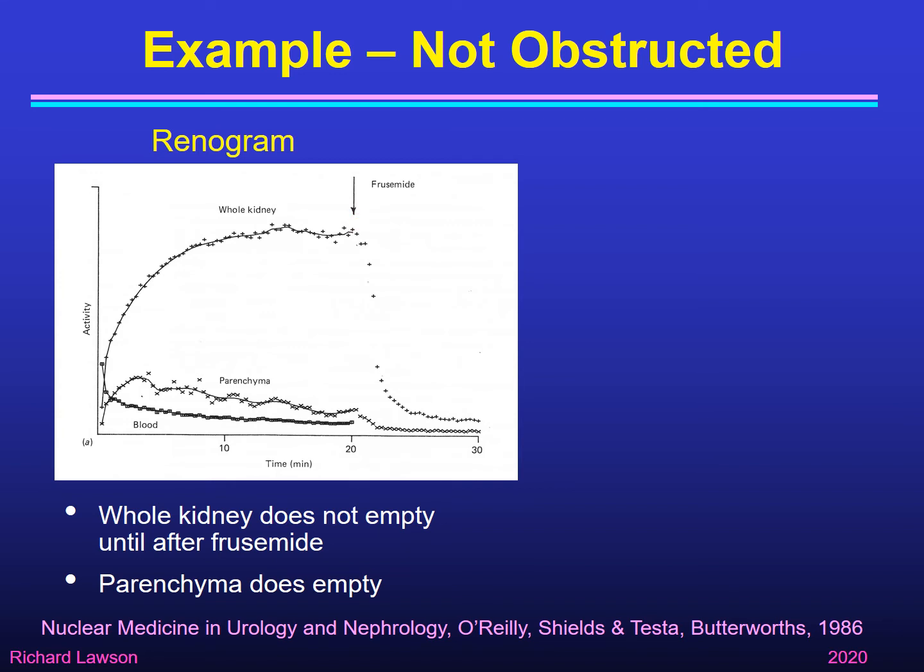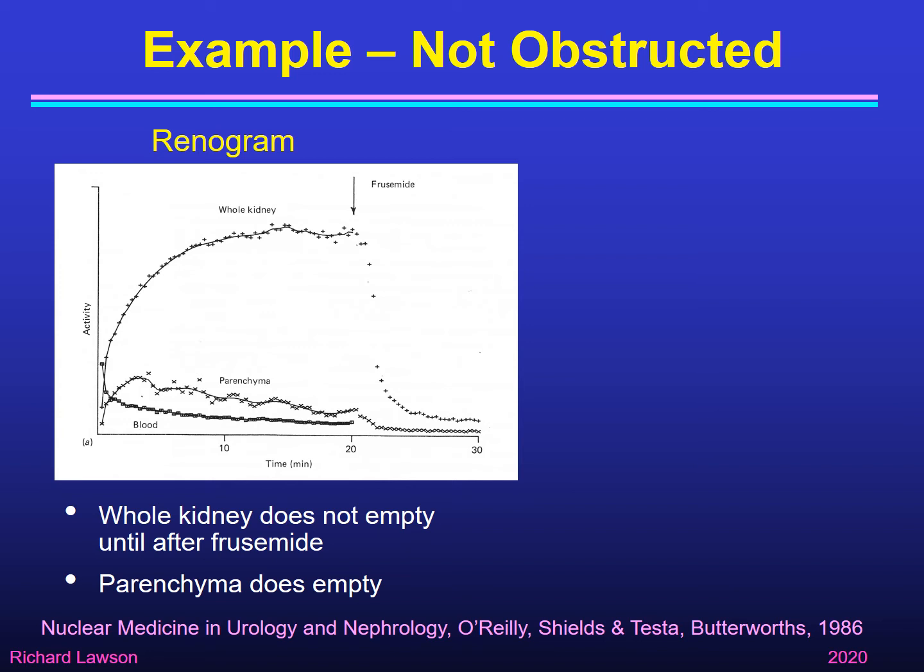Diuresis renography is something I talk about more in another of my talks in this series, but for now let's just say that after administration of the diuretic, the whole kidney immediately empties. So we see that although the kidney didn't empty before Frusemide, the fact that it washed out well after Frusemide implies that it's not completely obstructed. It's just a large dilated renal pelvis.